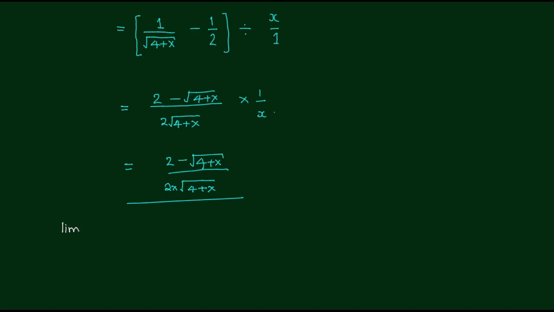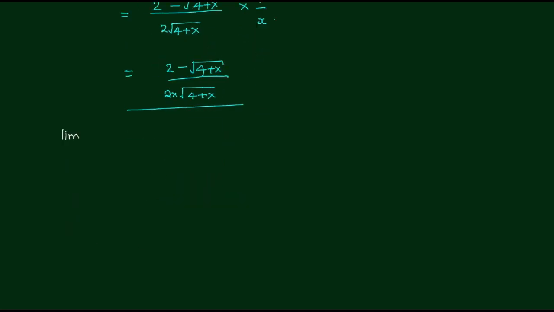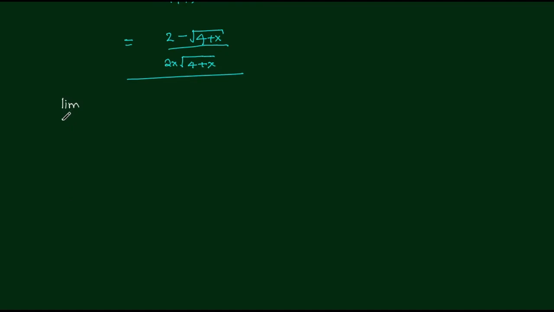Maybe let me scroll it up a little. Yeah, there is fine. X tends to 0, and our new expression is 2 minus root 4 plus x under root, and of course we have here 2x multiplies 4 plus x under root.